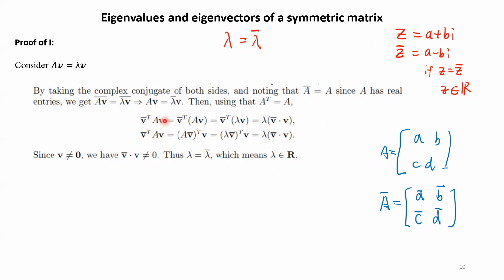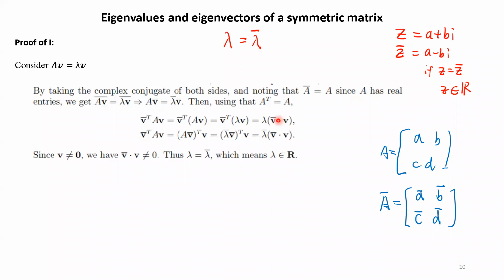If I replace the product AV by lambda V, then it's written like this. And if I further take lambda out, it's lambda times the dot product between V conjugate and V itself. So this is the first result.